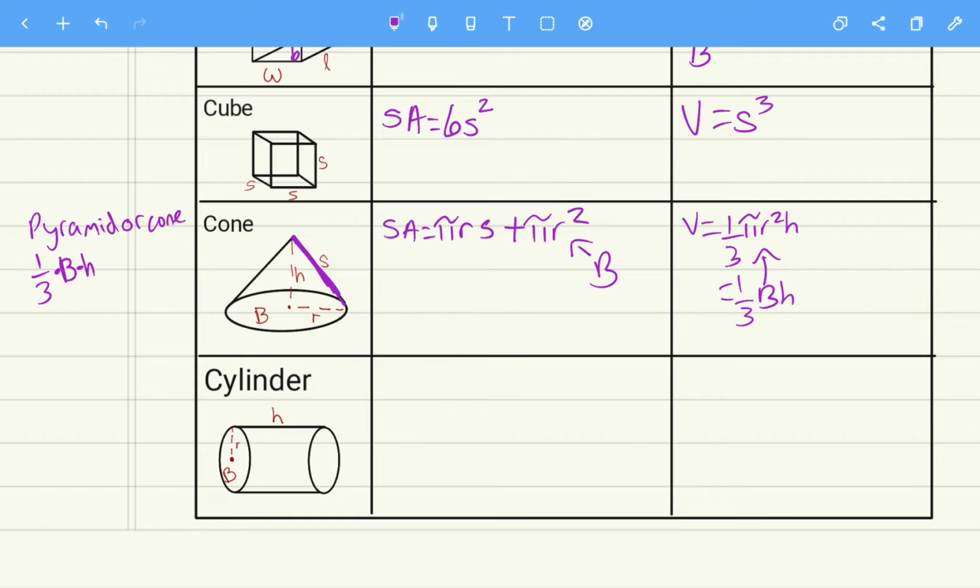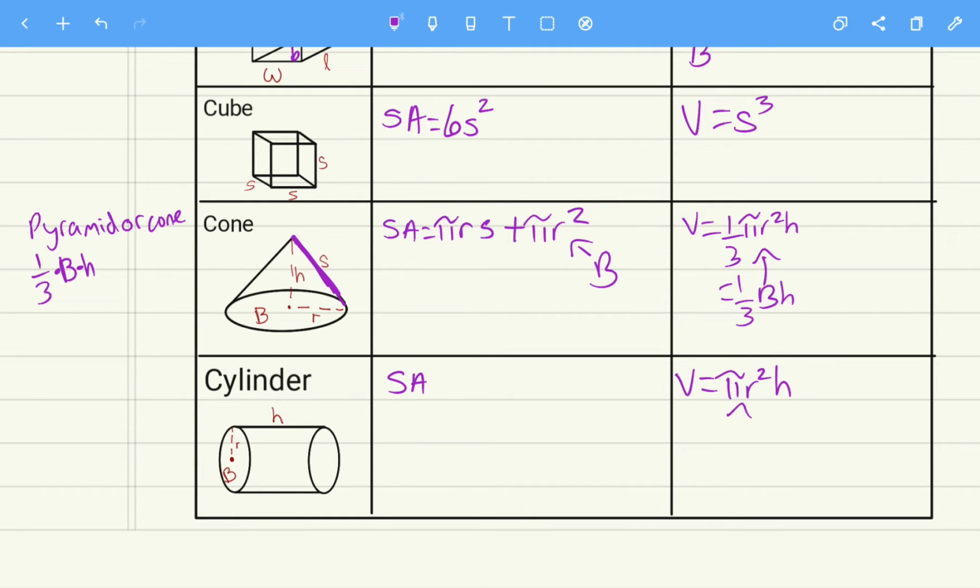Now we have cylinder. This is kind of a circular prism. You could think of it as a circular prism. So it's still going to have that base times height for the volume. And base is pi r squared.